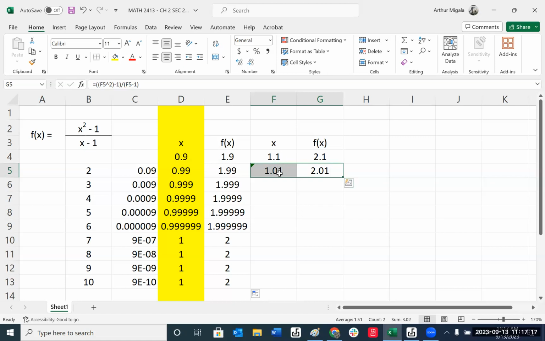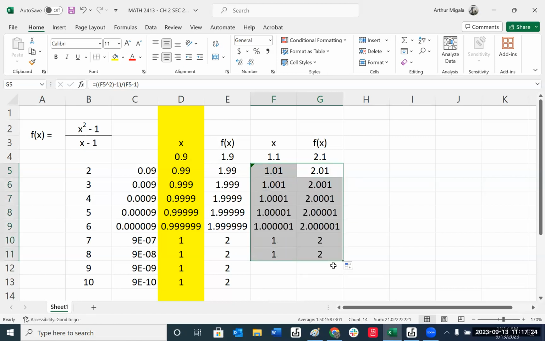We're going from 1.1 and getting closer, going down to 1.0. As x gets smaller and closer to 1, this gets closer to 2. So we know that our c value is 1. As x gets closer to 1, our y values get closer to 2. That's our limit. That's what the whole thing's about.